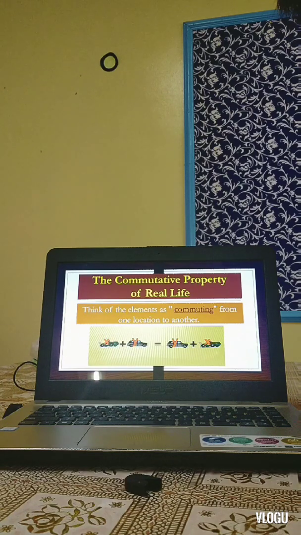So you'll have x at one location, then plus y at the other location. So you will have the other equation, y plus x. The same thing. You're going to change the order, but it does not change the sum of the two.